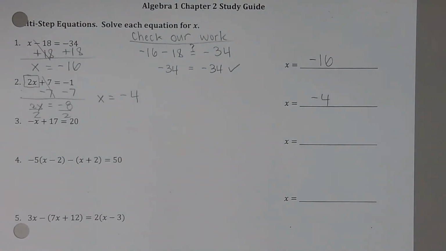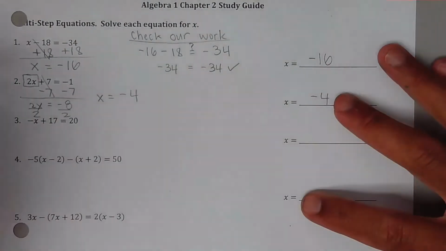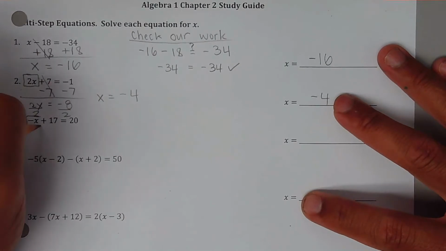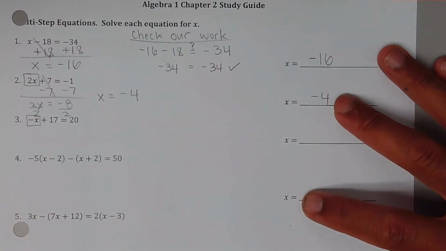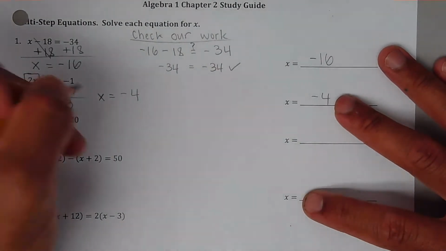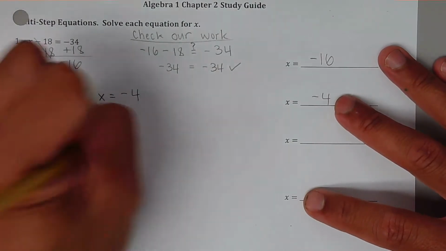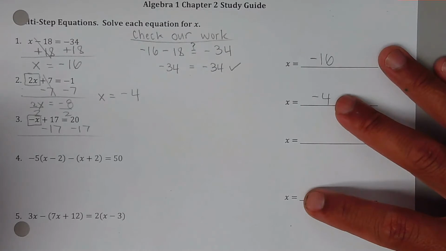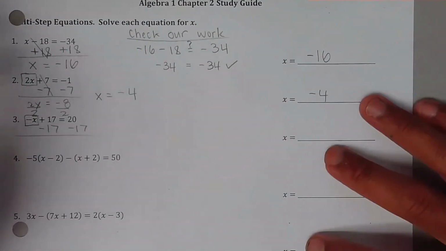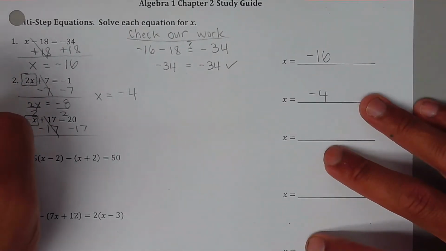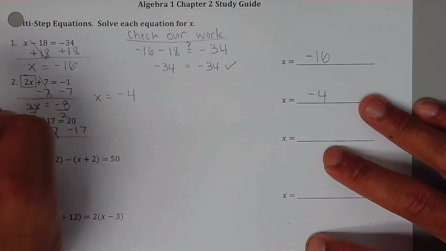All right, question number 3. So we have this negative x. Once again, box it in, get rid of the extra stuff. Negative x minus 17. Minus 17 for both sides, right? Opposite of adding 17 is subtracting 17. Those cancel out. We get negative x is equal to 3.